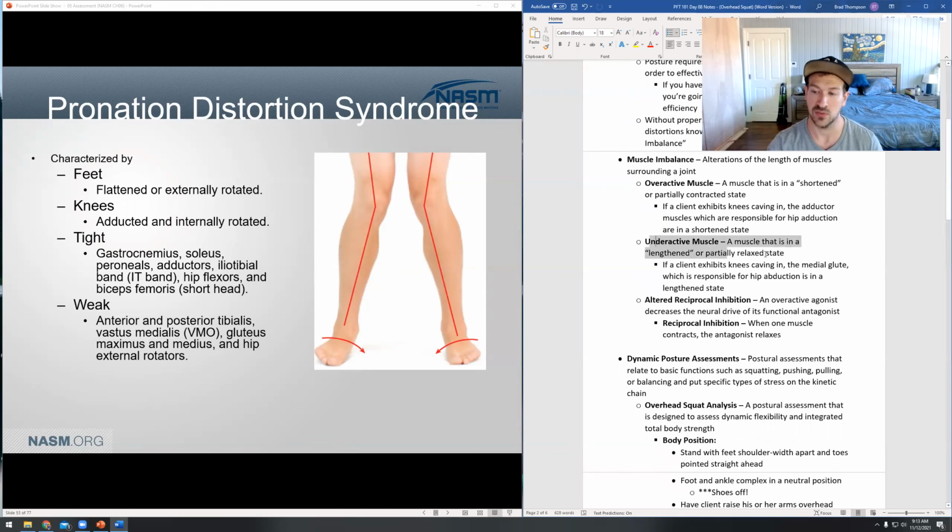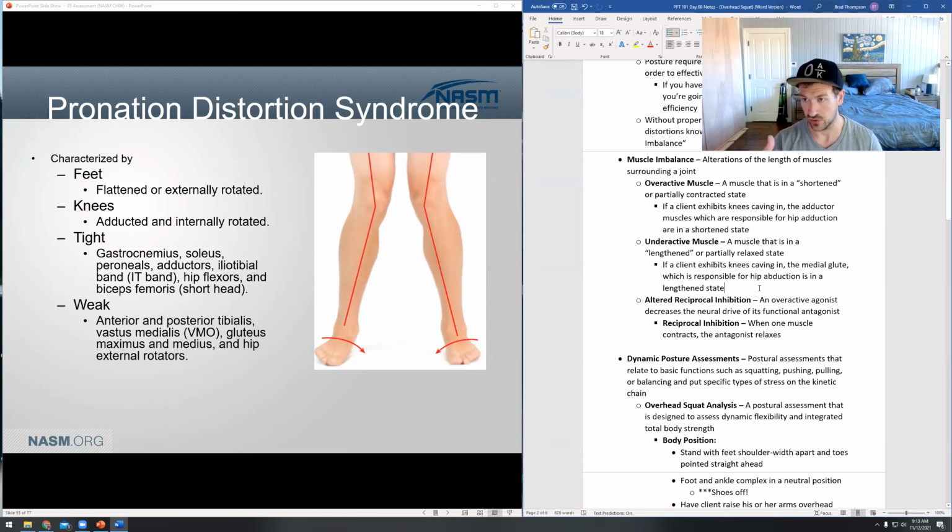And then we have underactive muscles. Underactive muscles are muscles that are in a lengthened or relaxed state. So if this is being adducted, then if we go up to the top, that's where we see the abduction muscles are weakened. If a client exhibits knees cave in, the glutes, which are responsible for abduction, are in a lengthened state.